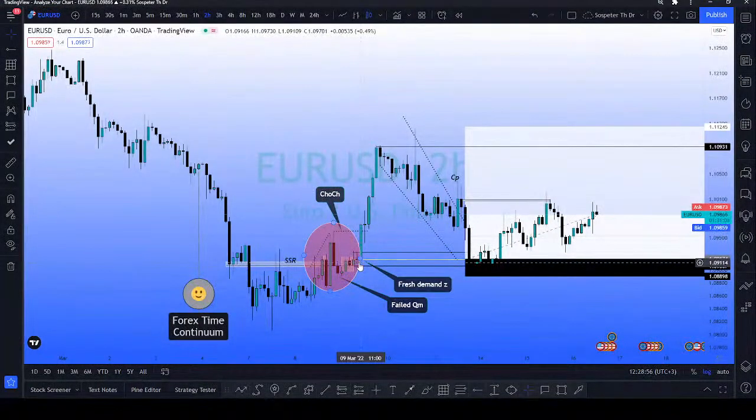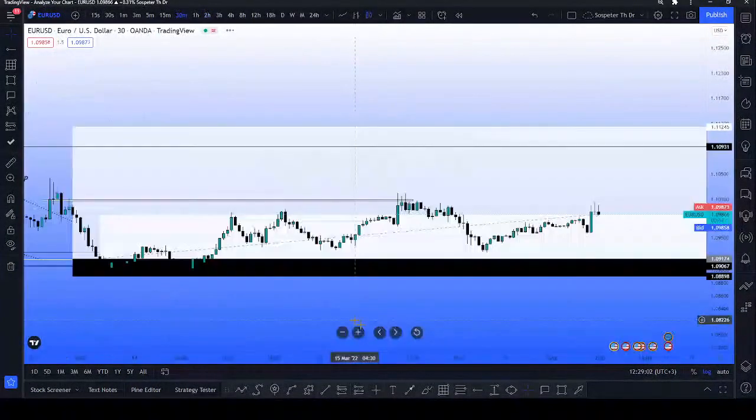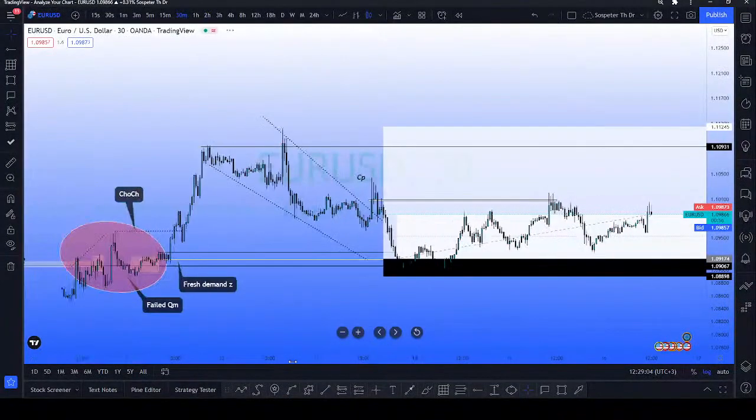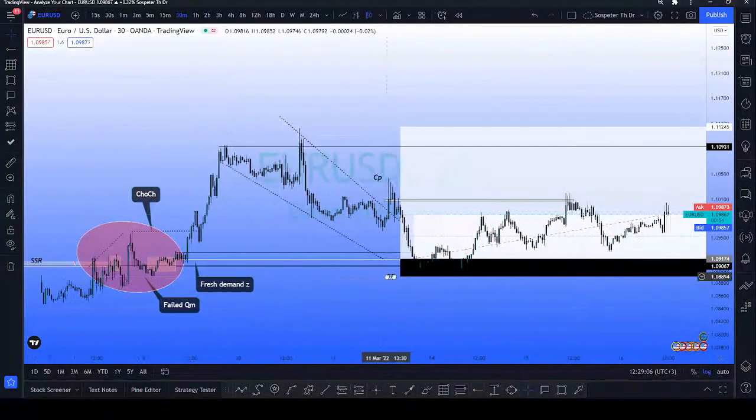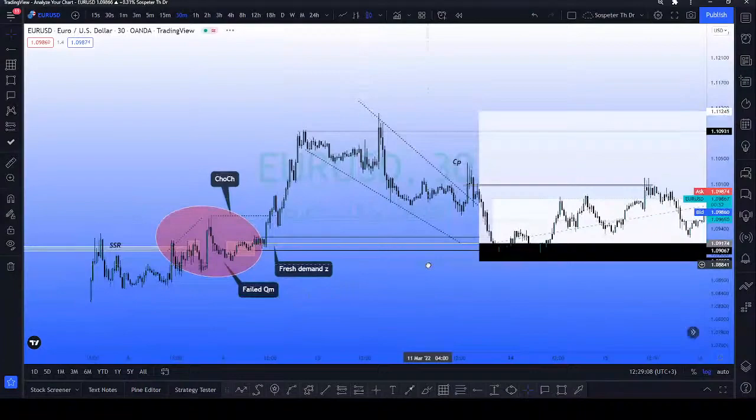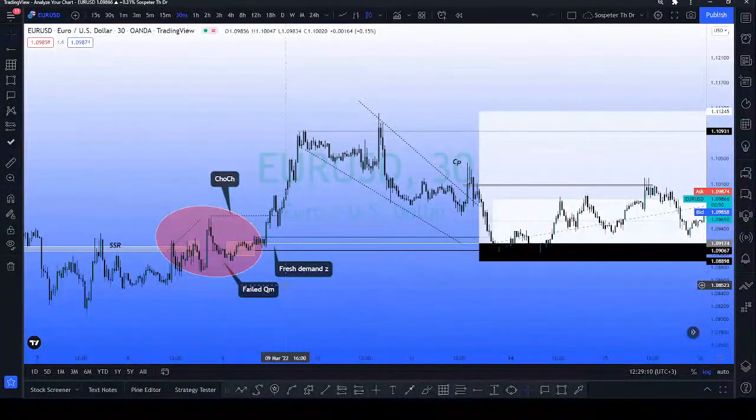50% entry. This is a 2 hour chart. As you can see, I think all of you know about the QM pattern, the head and shoulder pattern. So we have the left shoulder, and we have the head.